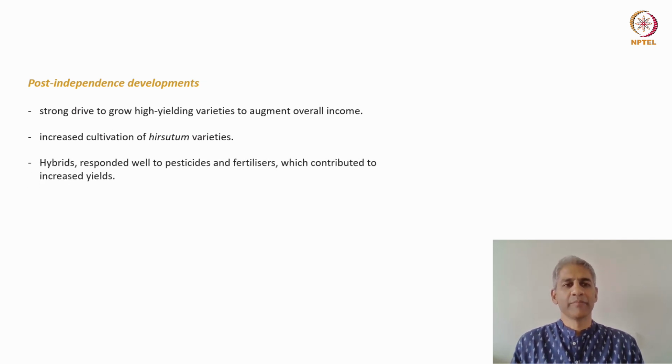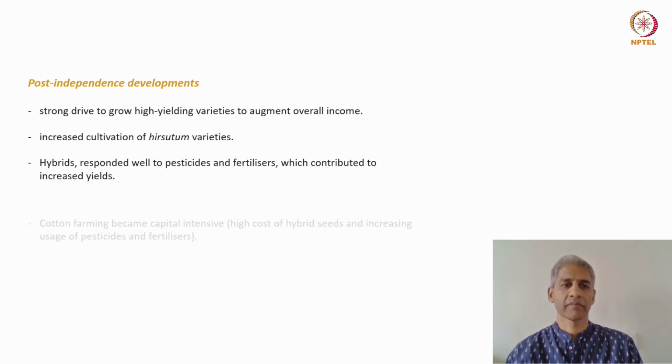And then in the mid 60s, with the Green Revolution coming on, there was the production of hybrids of a variety of plants, starting from food crops like wheat and rice to cotton. And these hybrids grew well, and they especially responded favorably to applications of fertilizers and pesticides, which gave rise to increased yields.